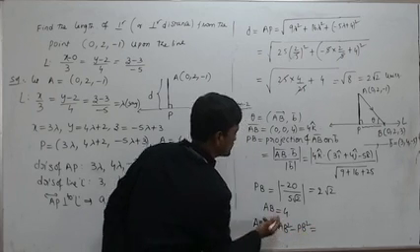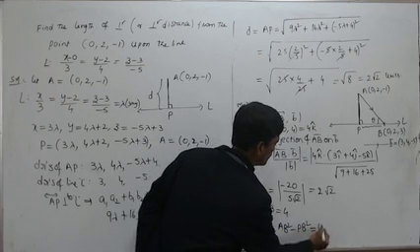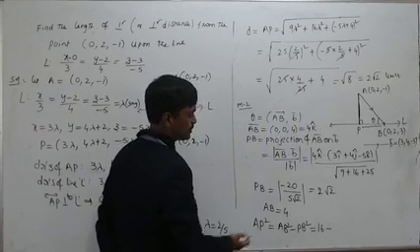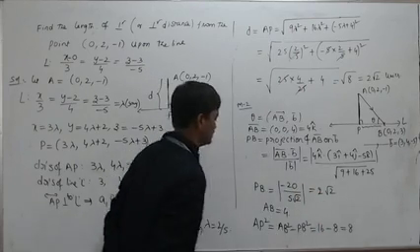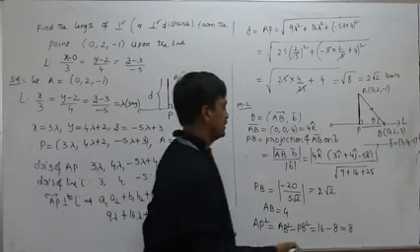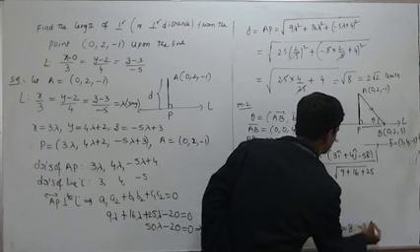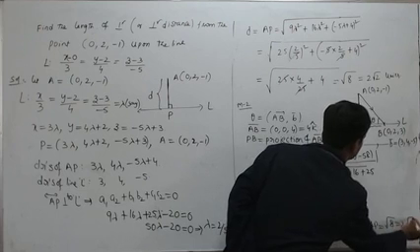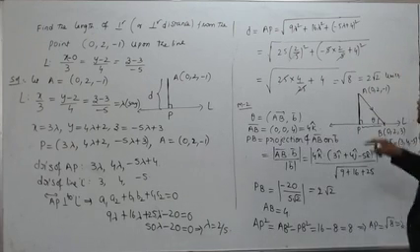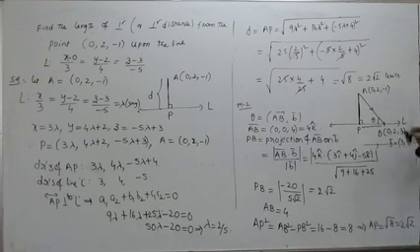AB square is 16, minus PB square, which is 2 root 2 whole square, nothing but 8. 16 minus 8 is 8. So AP square is 8, then AP is root 8, nothing but 2 root 2. That is the perpendicular distance from the given point to the given line.